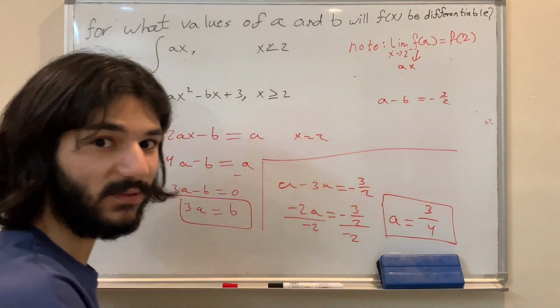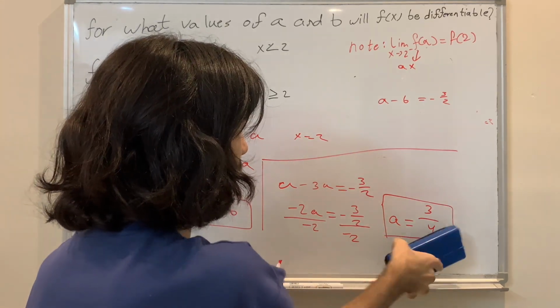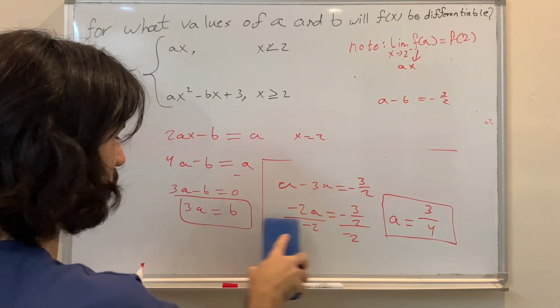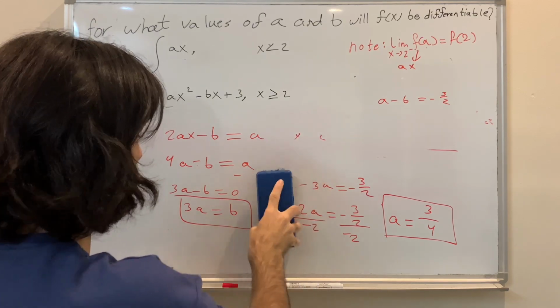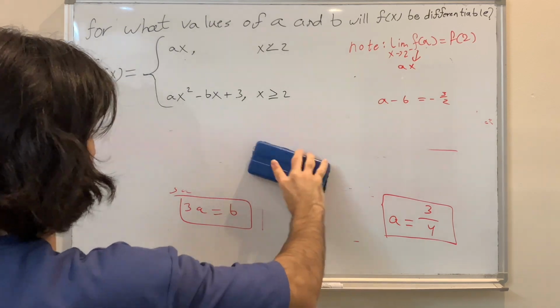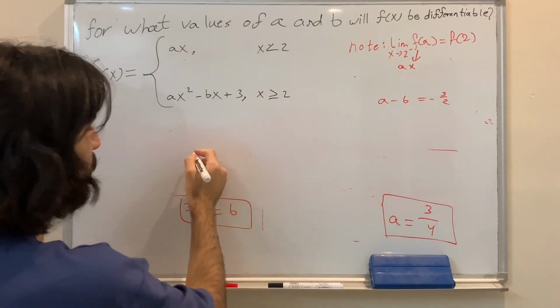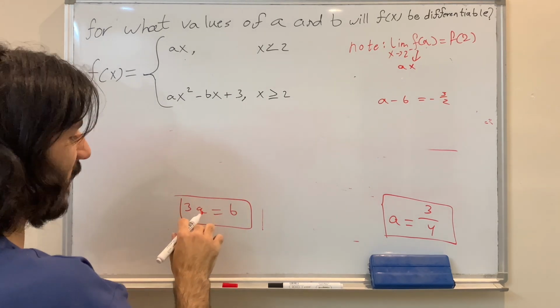And since now we have a, we can just go back into this thing we just found. Oh my god, this is one giant chunk of a question. And plug a back into it.